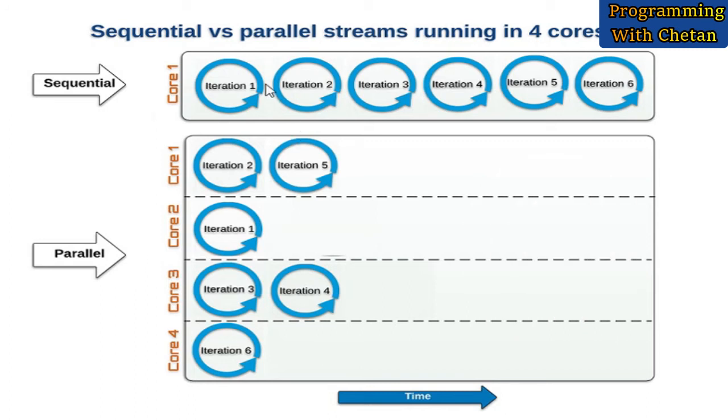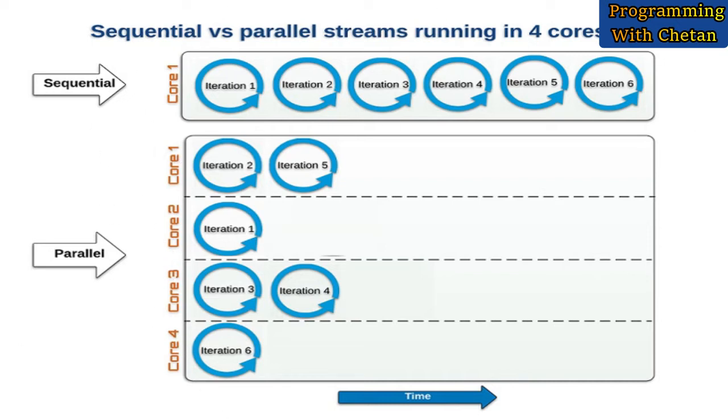In a sequential stream, only one iteration runs at a time, and once it completes, only then does the second iteration start. In a parallel stream, multiple iterations run at a time, so once a resource or core is free, it starts the execution of the next iteration. So it gives us a clear understanding that a parallel stream runs multiple iterations at the same time.